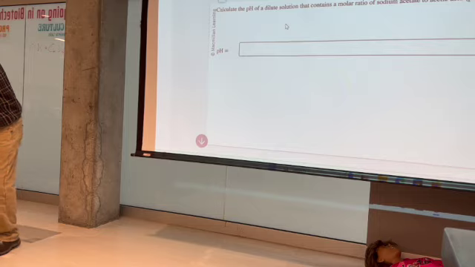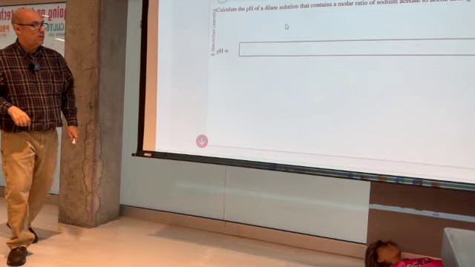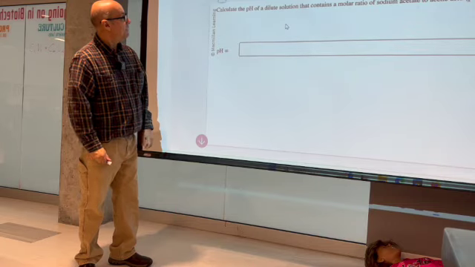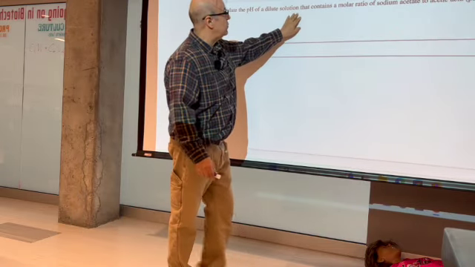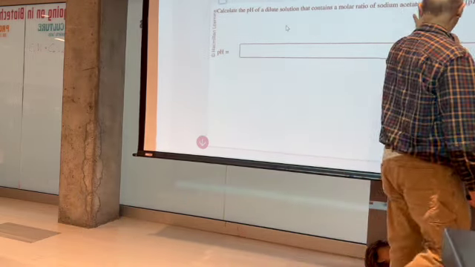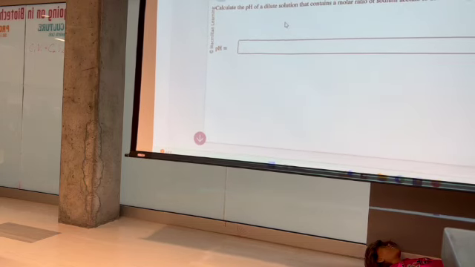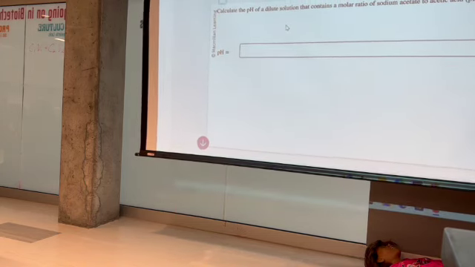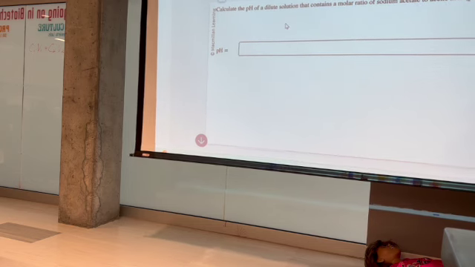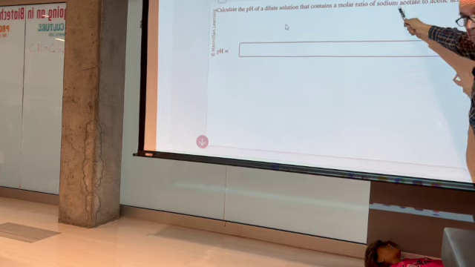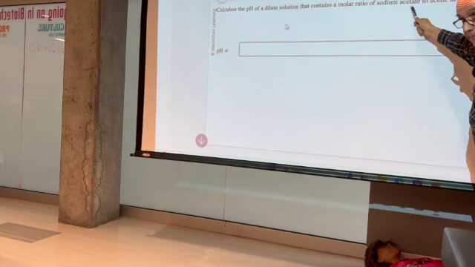Okay. So this is a Henderson-Hasselbalch straight question. Calculate the pH of a dilute solution that contains a molar ratio of sodium acetate to acetic acid of 5:1. So the key here is just to understand that this salt is the conjugate base, right?